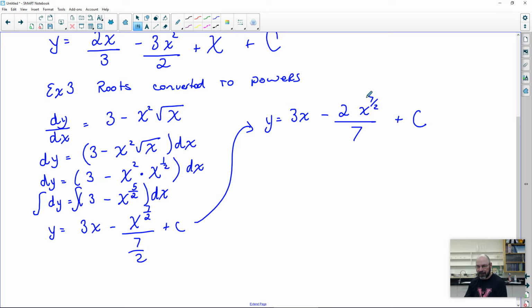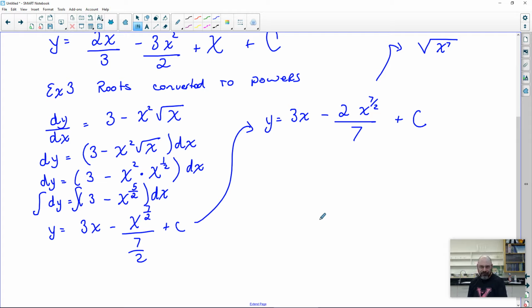Okay, we could leave it like that, or if we wanted to turn this back into a root, that would be the square root of x to the 7th. Right? So you can write it like that instead if you want, but both are correct.